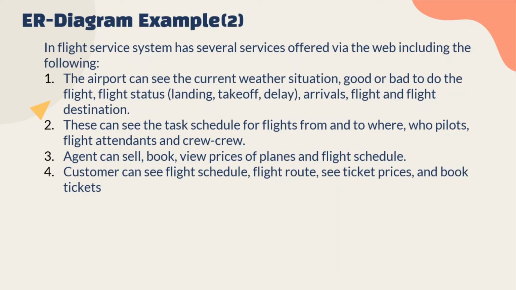And second, they can see the task schedule for flights from and to where, who the pilots, flight attendants, and crew are. The third is the agent, who can sell, book, and view prices of planes and flight schedules. And the last, customers can see flight schedules, flight routes, see ticket prices, and book tickets.